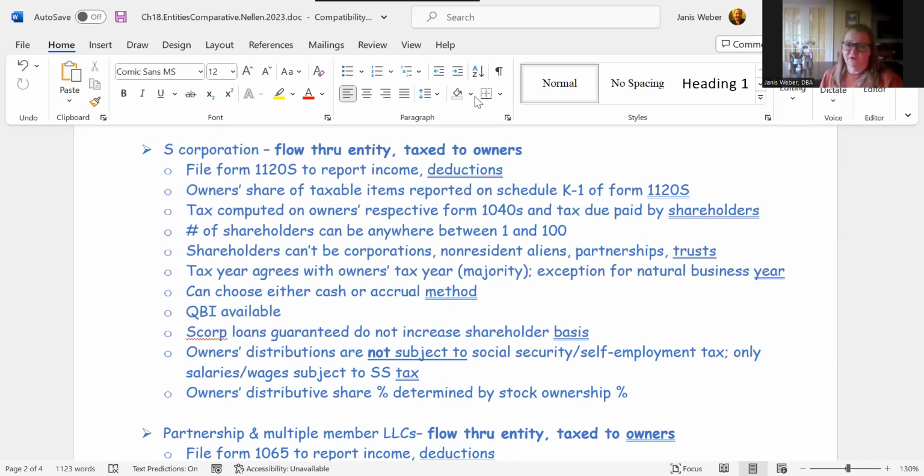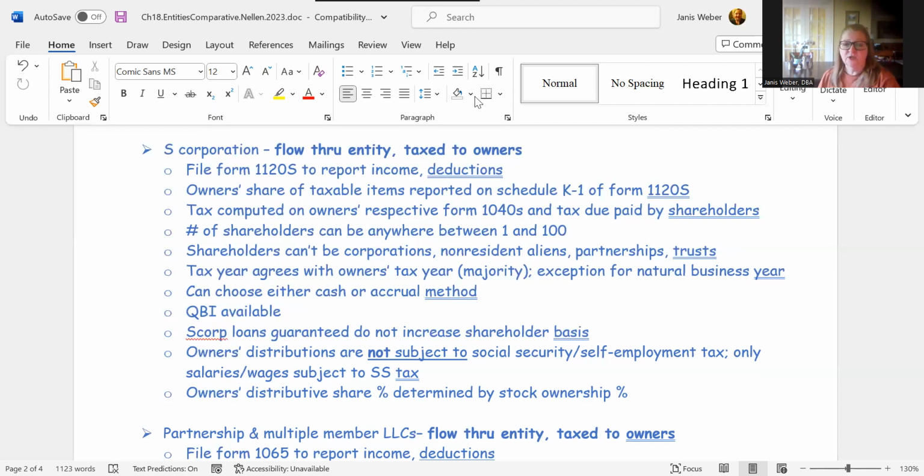Natural business year, perfect for calendar year. But what if you were a Mardi Gras supply store? Maybe your fiscal year doesn't agree with the calendar year. And so you could probably argue for a natural business year that ends in April or something like that. But most S corporations are on calendar year because their shareholders are.